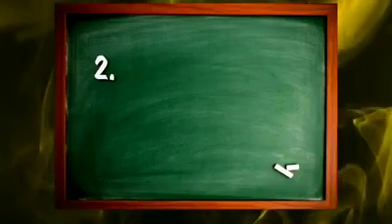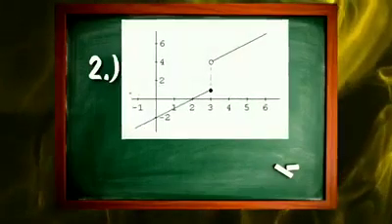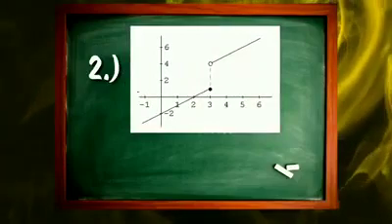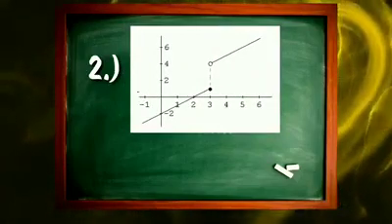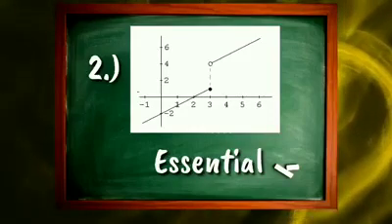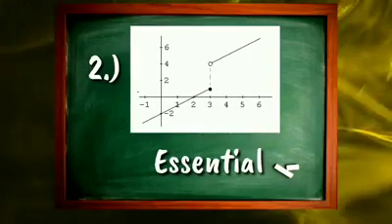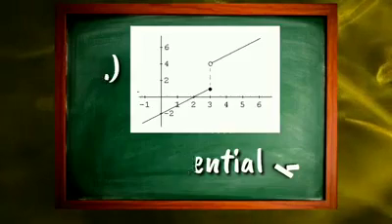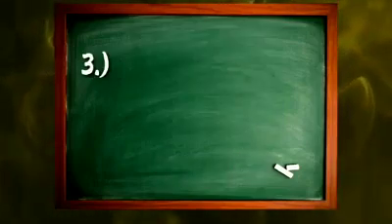Example number 2. We can see that it only has a one-sided limit, which means that the second condition is not satisfied by this graph, so this graph is an essential type of discontinuity. Third example.